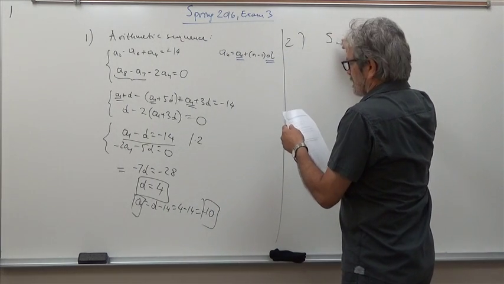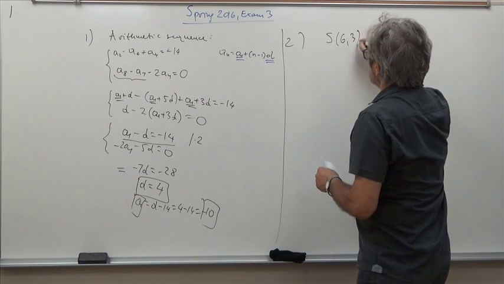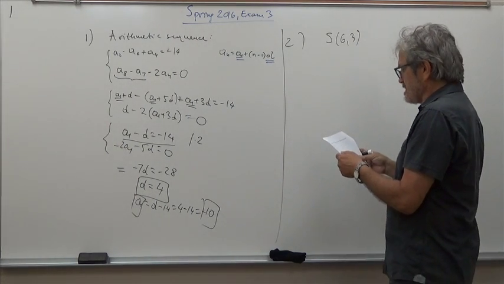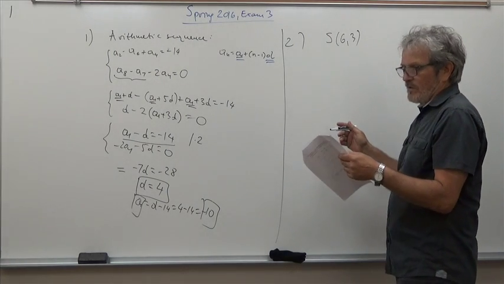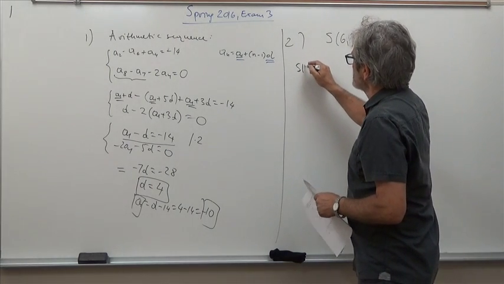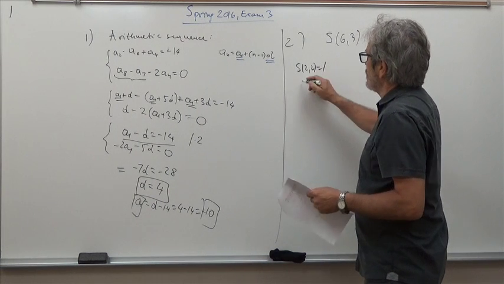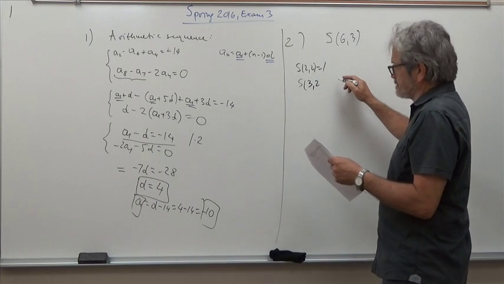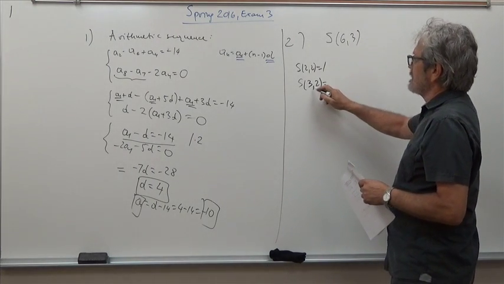We want actually to calculate S of 6,3, and then what would that be? If you remember, we first prepare S(2,2) to be 1, and then S(3,2) is what?